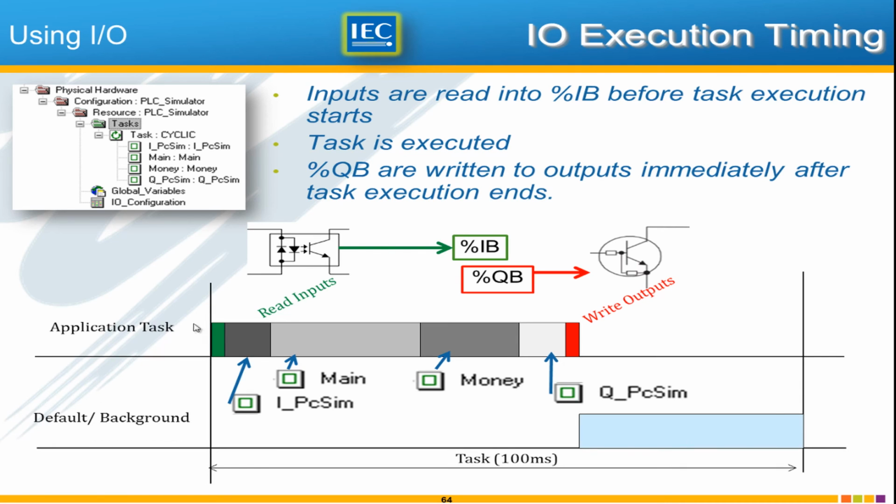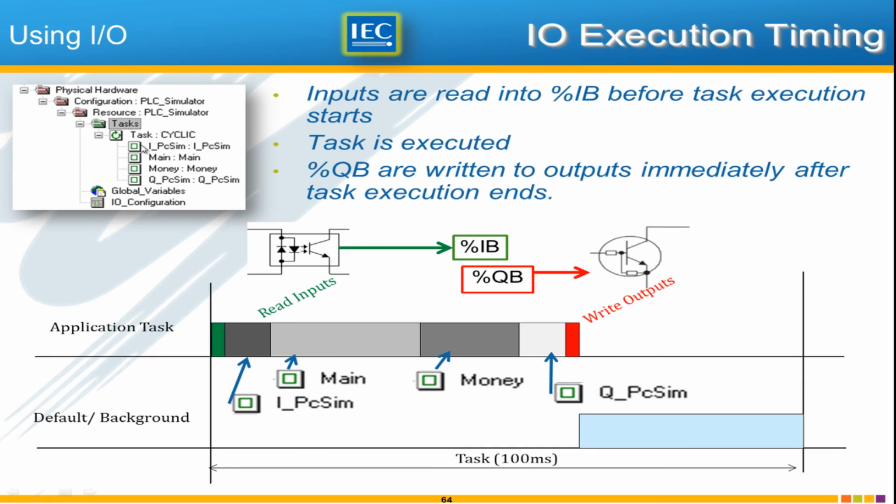And the first item of business that the task does is to read the inputs into all of those variables with %IB before the task execution even starts. So that's indicated by this green slice here. We're reading in the inputs from the modules into the %IB variables.